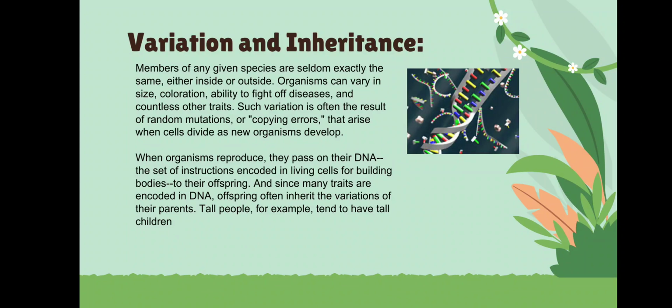When organisms reproduce, they pass on their DNA, the set of instructions encoded in living cells for building bodies, to their offspring, and since many traits are encoded in DNA, offspring often inherit the variation of their parents. Tall people, for example, tend to have tall children.